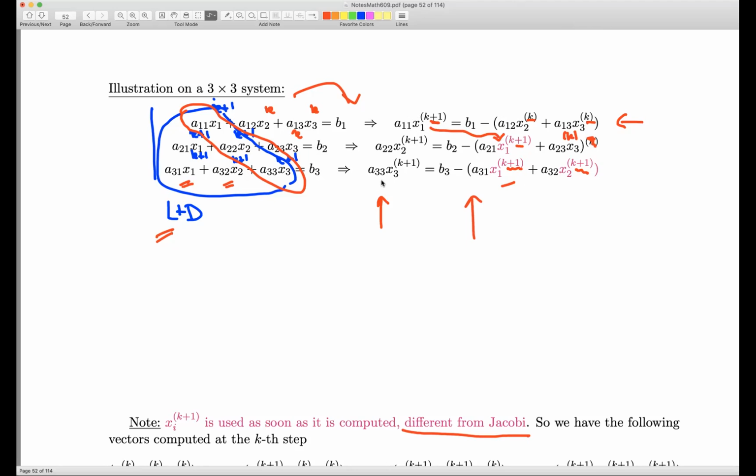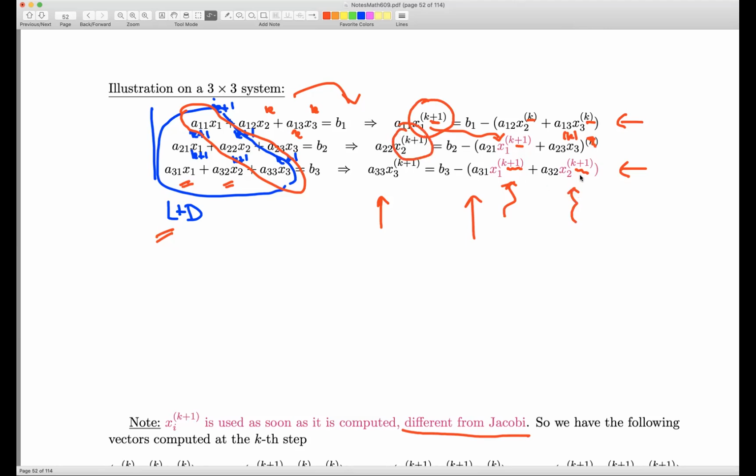Now, if we go to the next row to compute x3^(k+1), the third component of the new vector, the vector at iteration k plus 1, we see that this involves the first and second coordinates of the vector k plus 1. So we start directly using x1^(k+1), which is already computed here, and x2^(k+1), which is computed here.